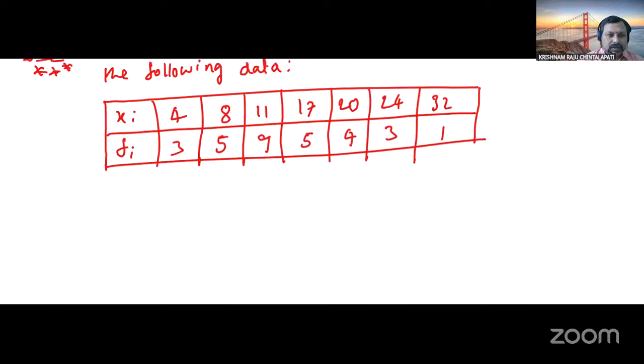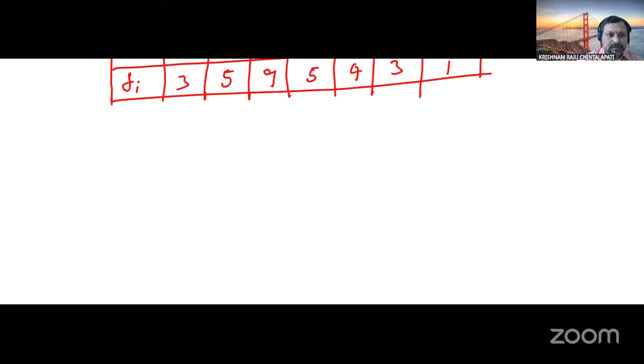Same, you have to take the table, as in how to find the mean deviation with respect to mean.